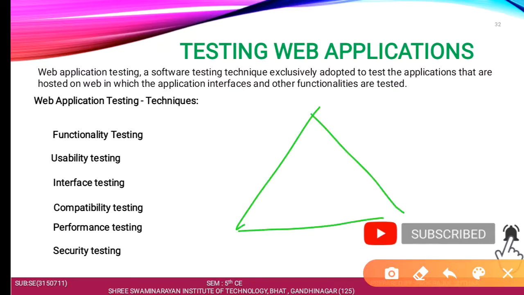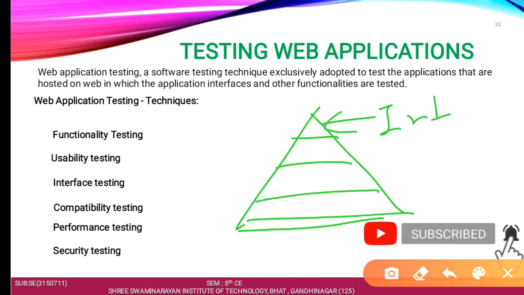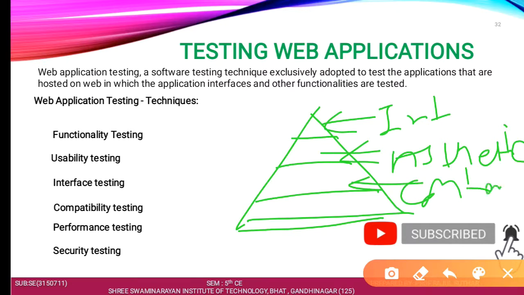This type of application covers a number of phases that we already discussed: first the interface design, then the aesthetic design, then the content design, then the navigation design, then the component design and architectural design.